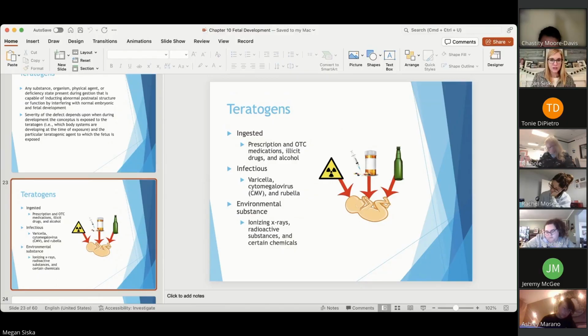Things can be ingested, like prescription medications or over-the-counter medications, drugs, alcohol. It could be an infectious agent, like chickenpox or cytomegalovirus, which is CMV, or rubella. It could be an environmental exposure like x-rays. So just a lot of different things. And if you don't know you're pregnant, then you don't know to avoid these things.